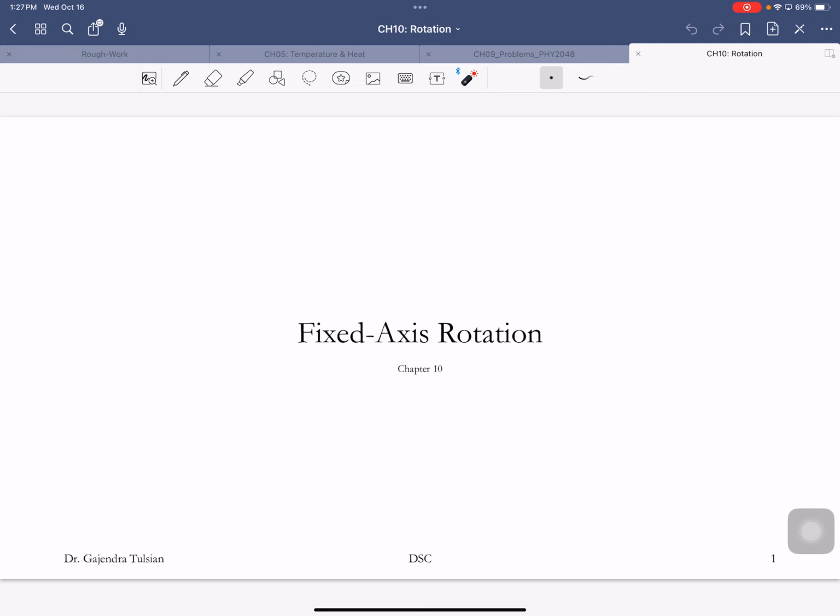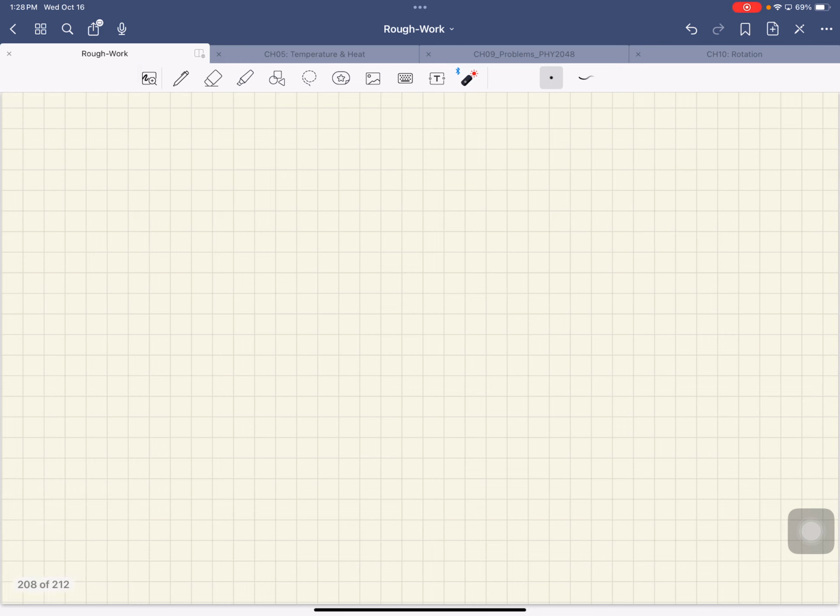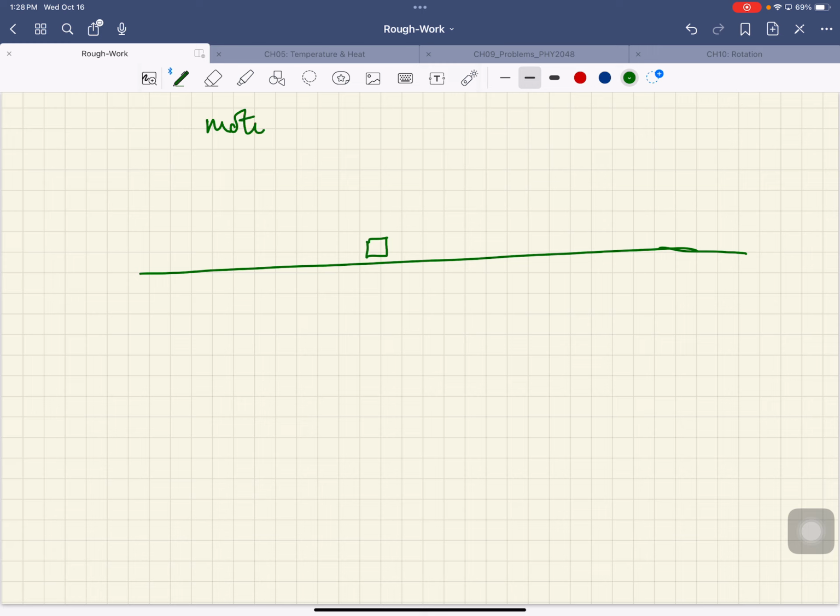Now, this seems quite different than anything that we've seen. But let me remind you of motion in 1D. We initially started off by seeing motion in one dimension, meaning an object that would travel along this straight line, and we call this the x-axis.